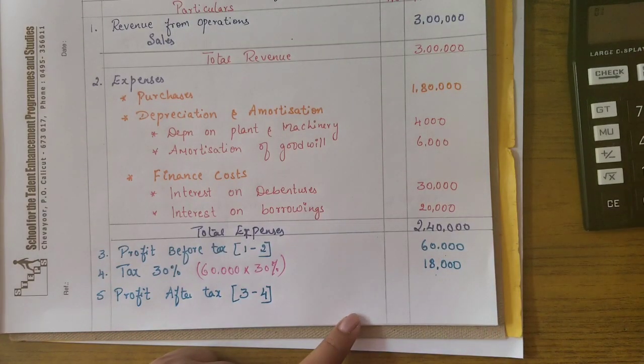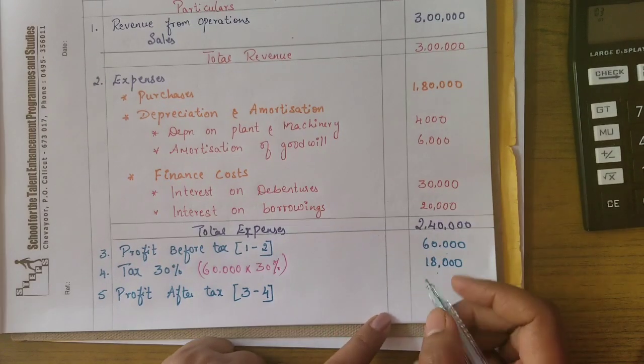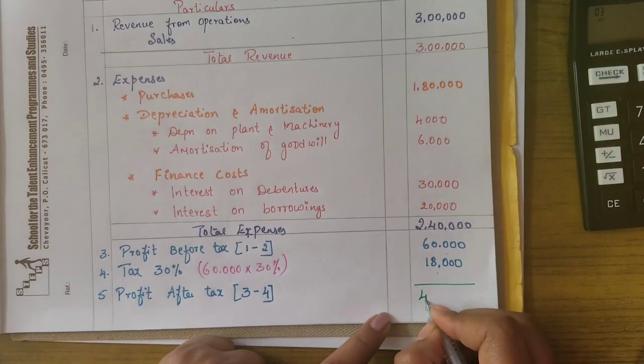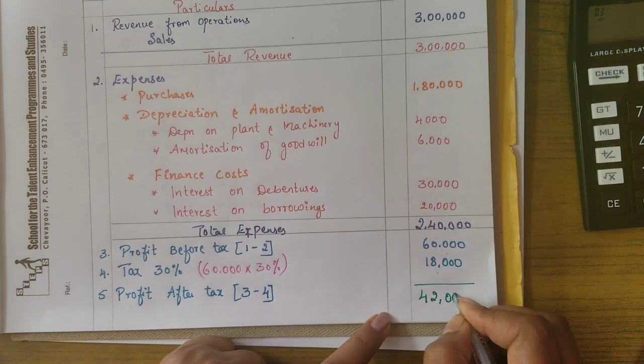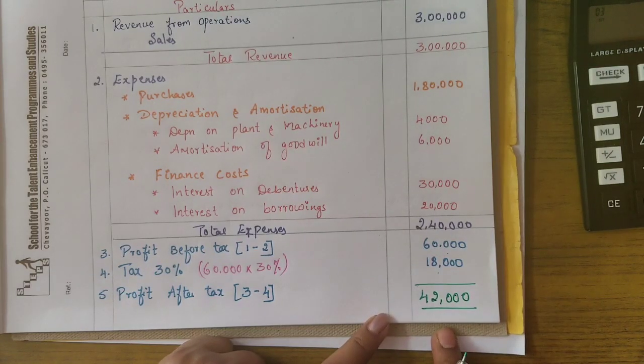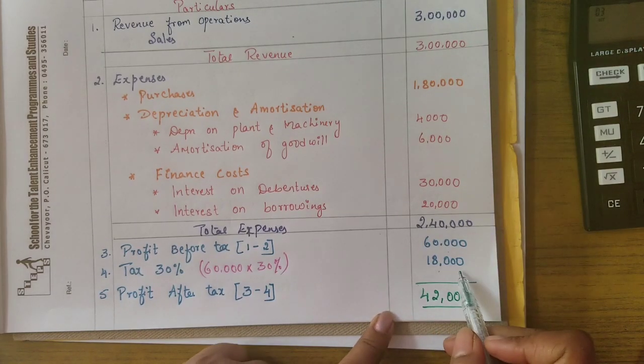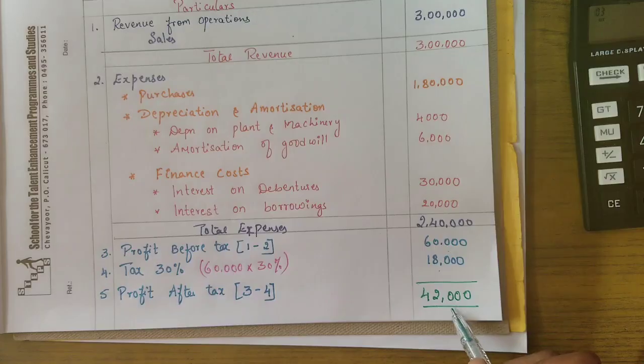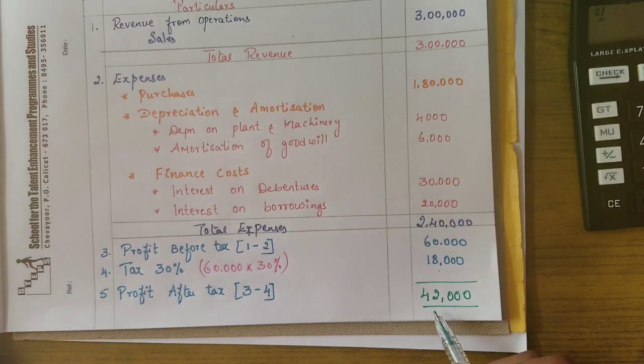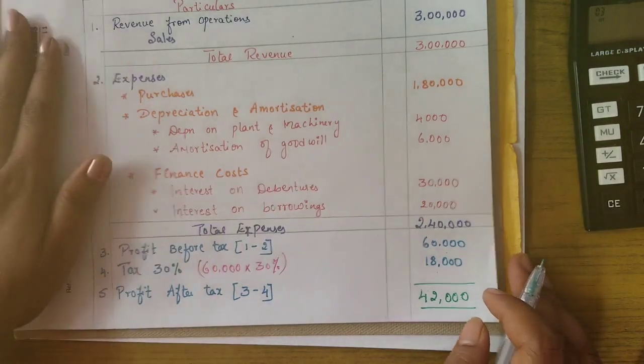When you do the deduction, 60,000 minus 18,000, the profit after tax is 42,000. After paying the tax amount of 18,000, the remaining profit is 42,000. This is all about the problem.